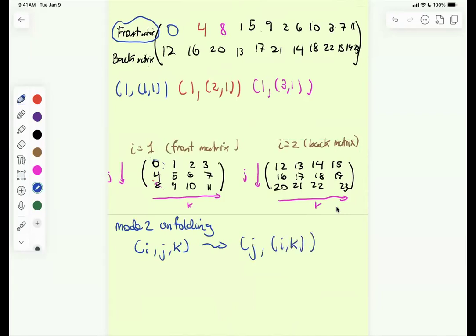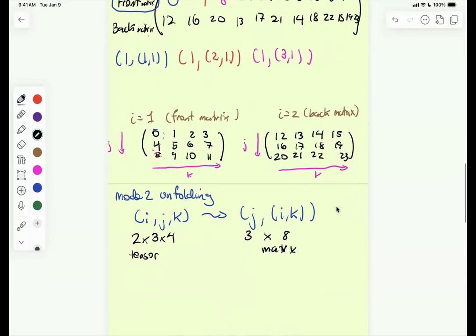Again, this would be a 2 by 3 by 4 tensor, and it's going to be turned into what matrix? A 3 times 8 matrix. Again, for a fixed J, you increase I first, and then you increase K. That's how I'm always reading it.